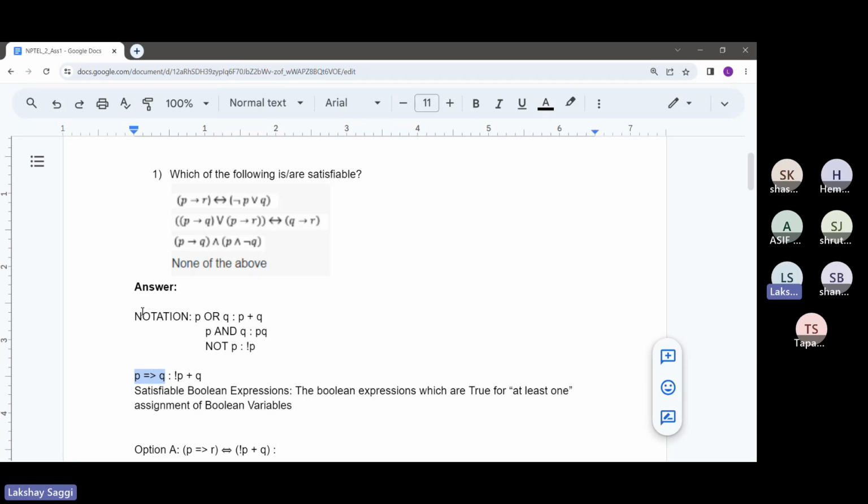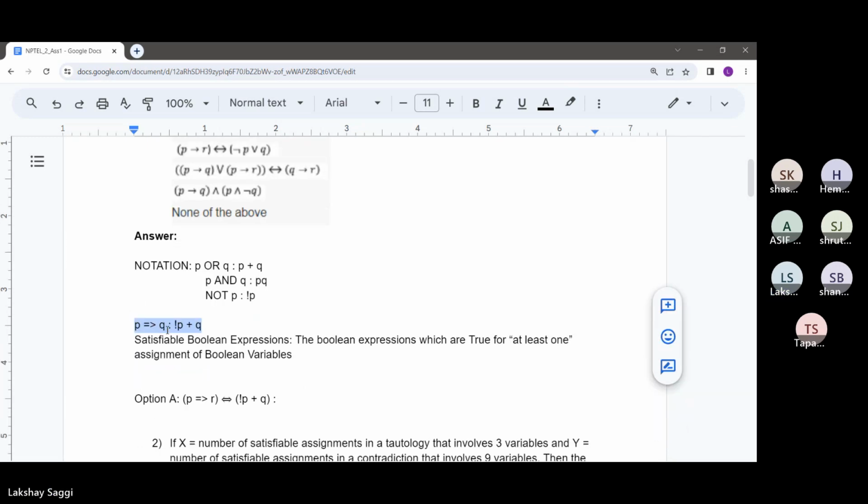That's why this is equivalent to not P plus Q. I'm assuming you guys already know this. So P implies Q is written as not P plus Q. So this P implies R if and only if not P plus Q can be written as not P plus R.